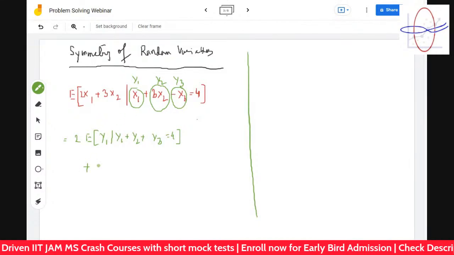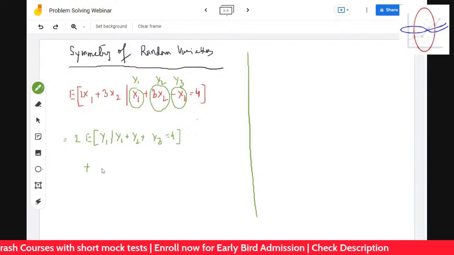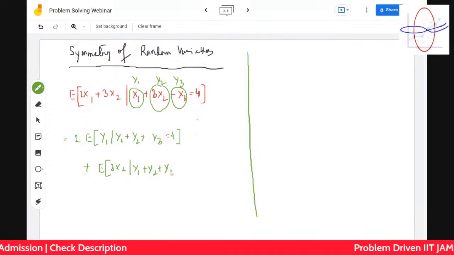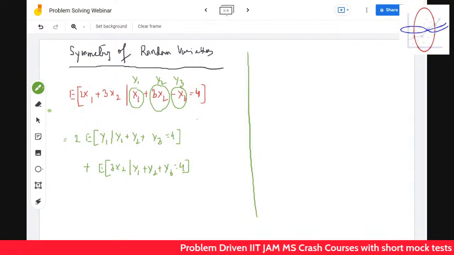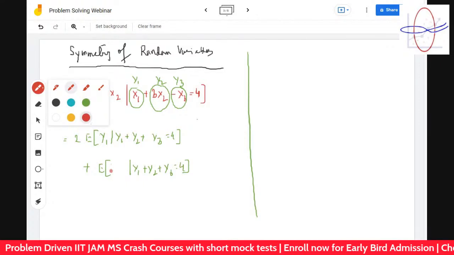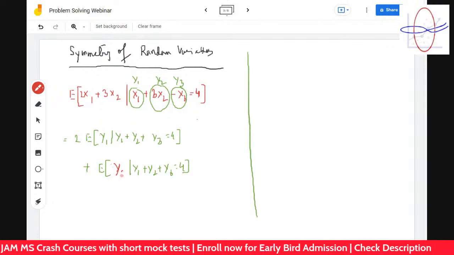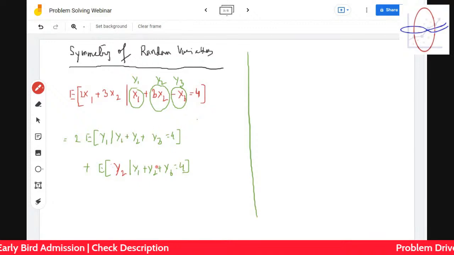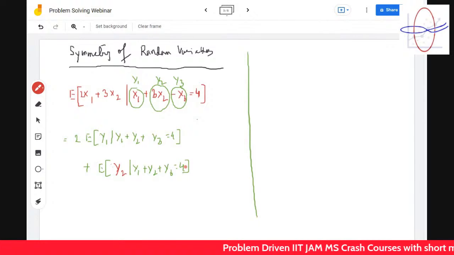Plus, observe that the expectation of thrice x2 given y1 plus y2 plus y3 is equal to 4, where thrice x2 is equal to y2. So we can write it as twice the expectation of y1 given y1 plus y2 plus y3 is equal to 4, plus the expectation of y2 given y1 plus y2 plus y3 is equal to 4.